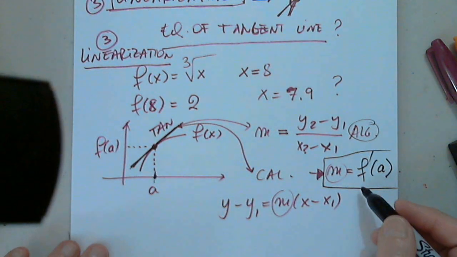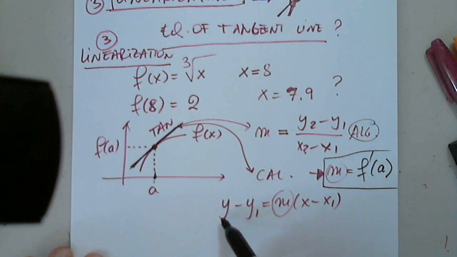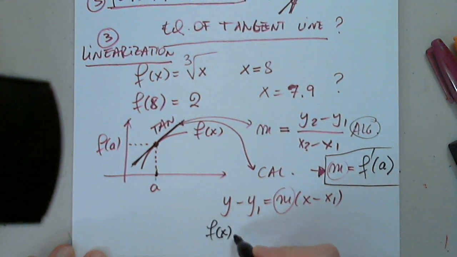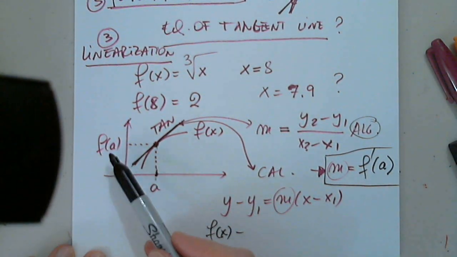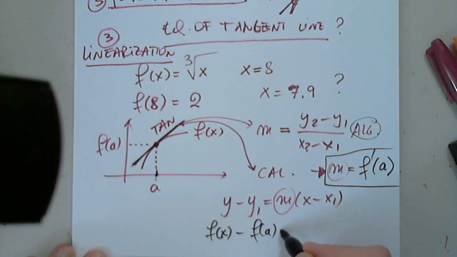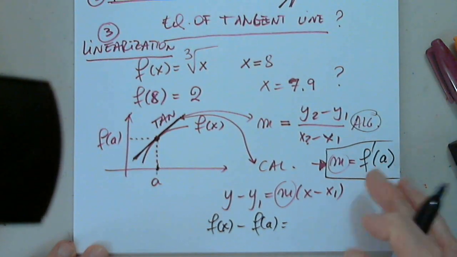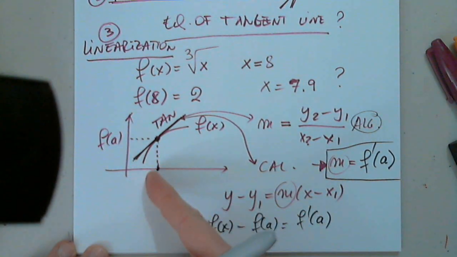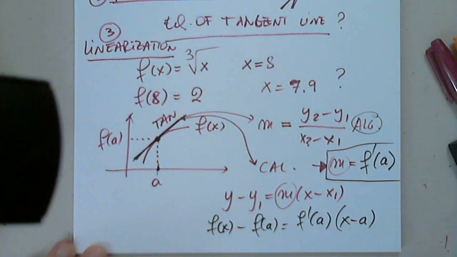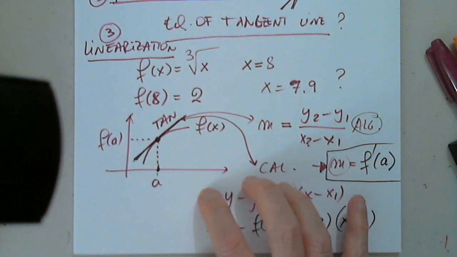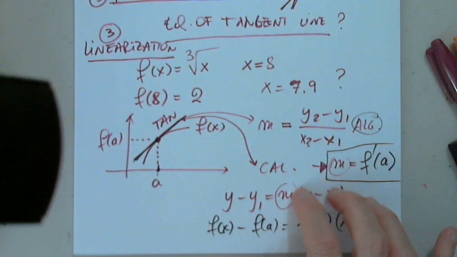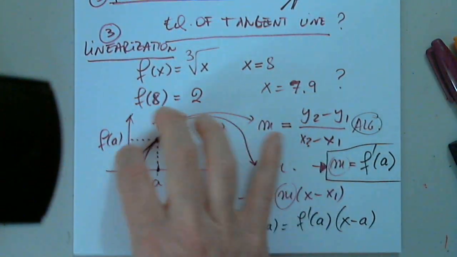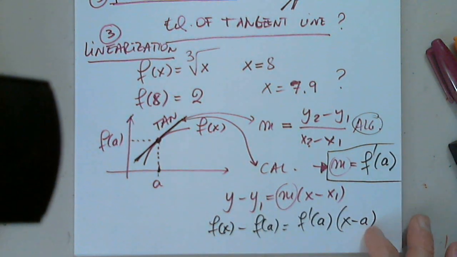So then, y is f of x, y1 is f of a, f prime of a, x minus a, because x1 is a. So all I did was, in this equation that we know from algebra, I replaced everything step by step.